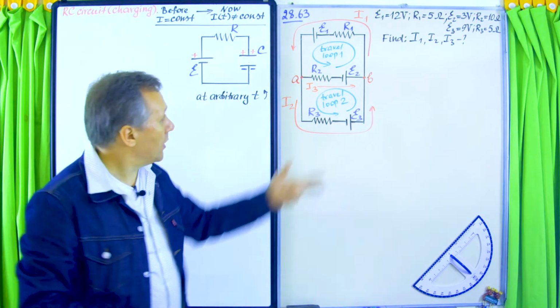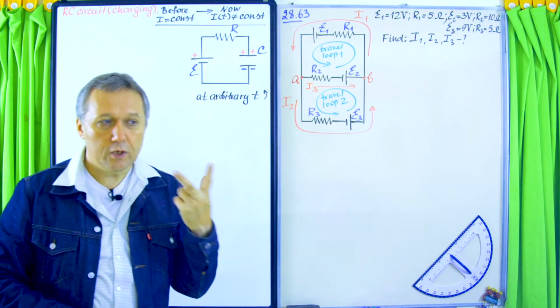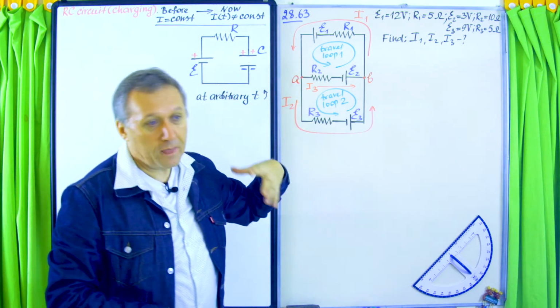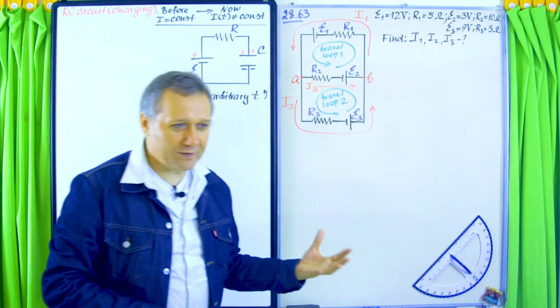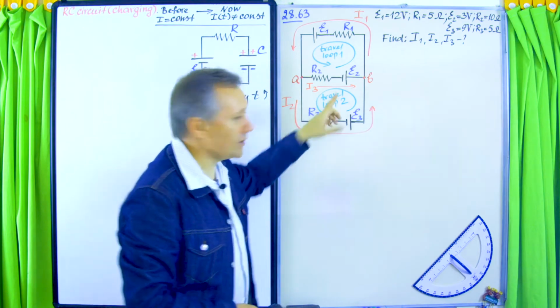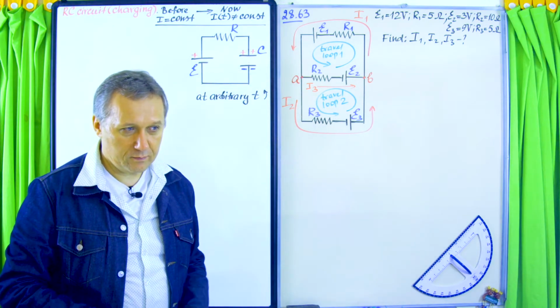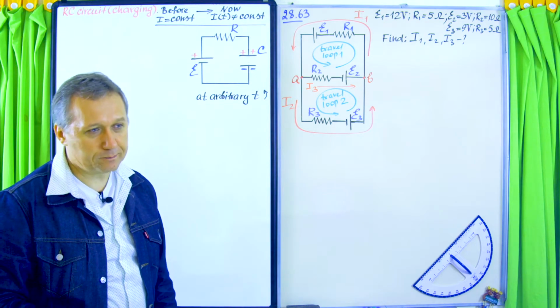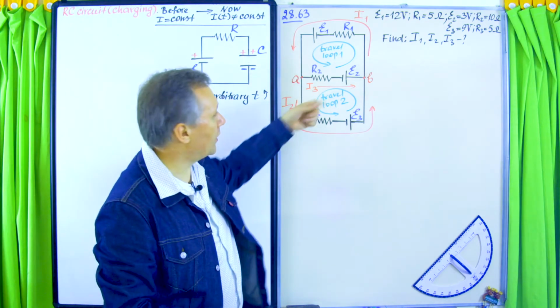So every time in a circuit like this, you need to use 2 loops. Usually we use internal loops, but if you really want, you can apply, for example, loop number 1 and the external loop. In that case, loop number 2 is not needed. So you just need to use 2 loops all the time in problems like this. But I'm going to use loop 1 and loop 2.